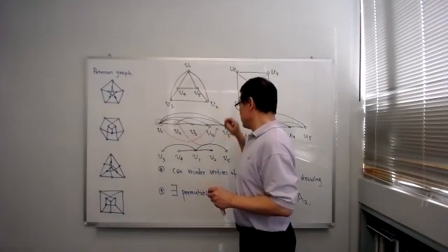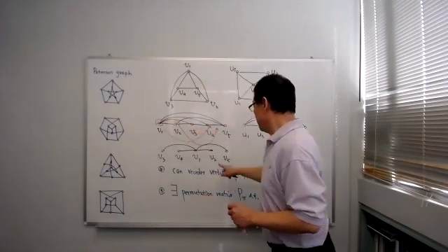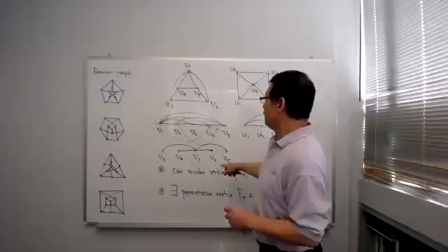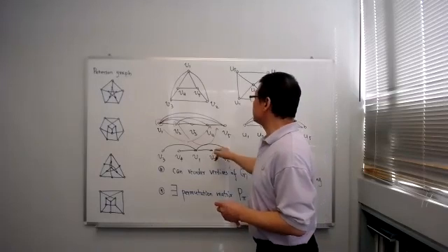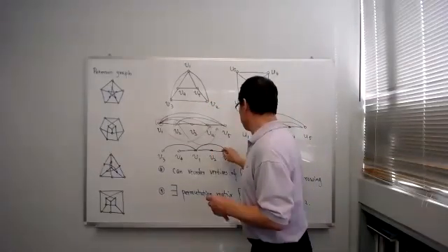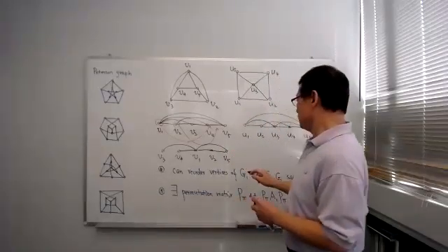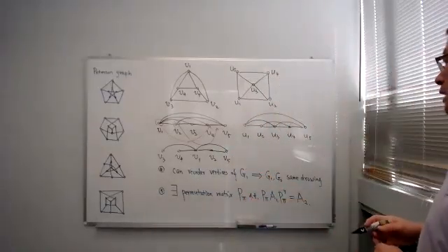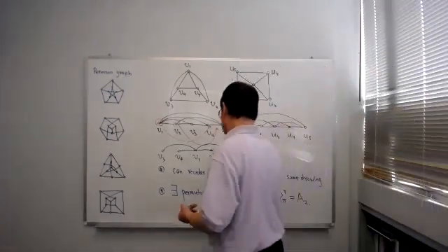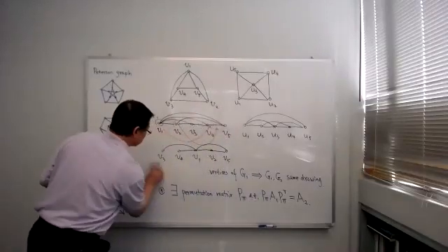V1 is adjacent to all of them, right? So this one moved in. V2 is adjacent to 4 and 3. So let me see the ordering. Now let me redo it again.